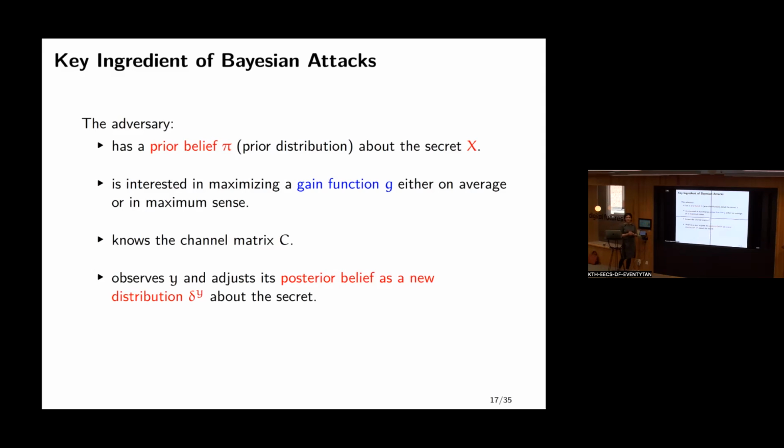Therefore, once the adversary observes a particular output Y, it can adjust its belief about the secret to the posterior, which we denote by delta sub Y. Then the leakage can be computed in different ways. One way would be the ratio of the posterior gain to the prior gain, based on either the average or the maximum sense. These are the ways that make up a Bayesian attack.